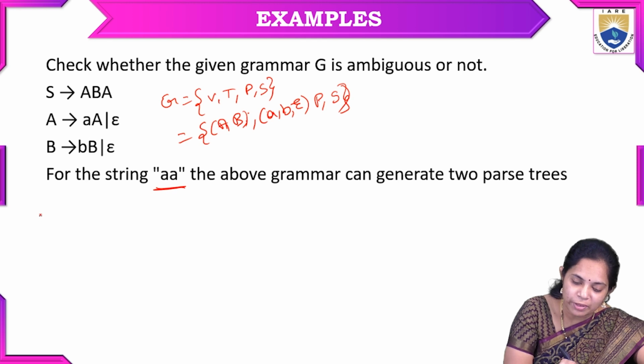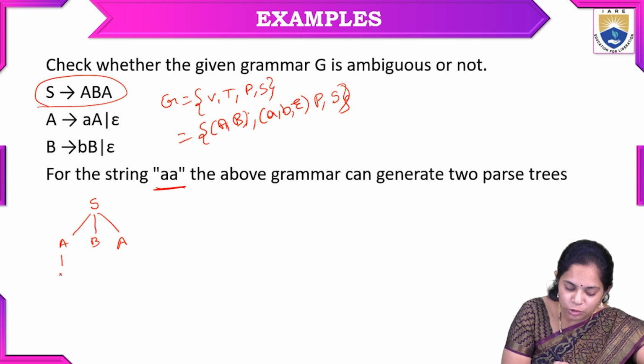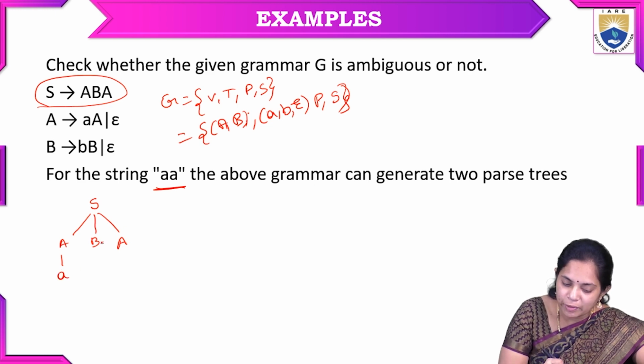So, first step what we have to do, we have to take the start symbol. So, we will directly derive the leftmost derivation. So, here A, B, A. So, if you check for the leftmost derivations, we will write A, and after this one, we have to substitute this A tends to A, capital A. And after this one, we have to substitute this.